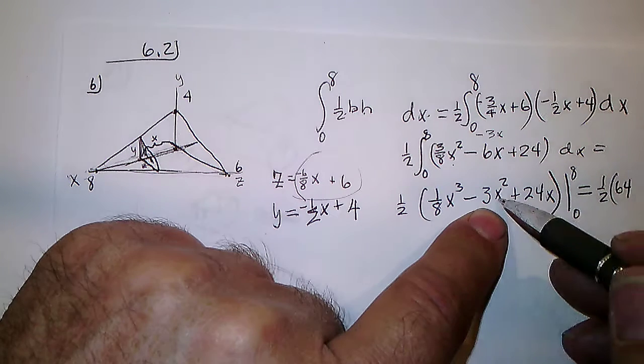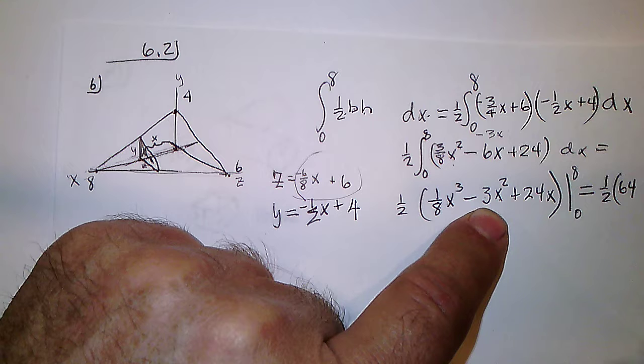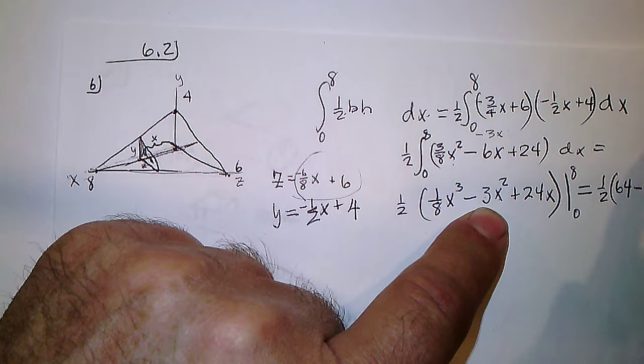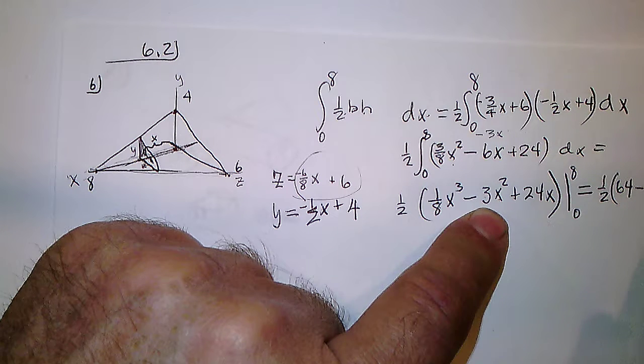8 times 64 times 3. 64 plus 64 is 128. 3 times 4 is 12. Carry the 1. 18, 19. 192 I get.